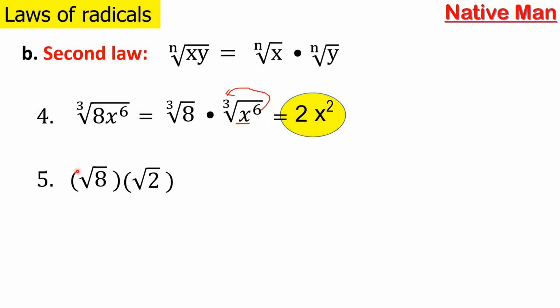So the next example is the square root of 8 times the square root of 2. So the first example is separated. The second example can be mixed.